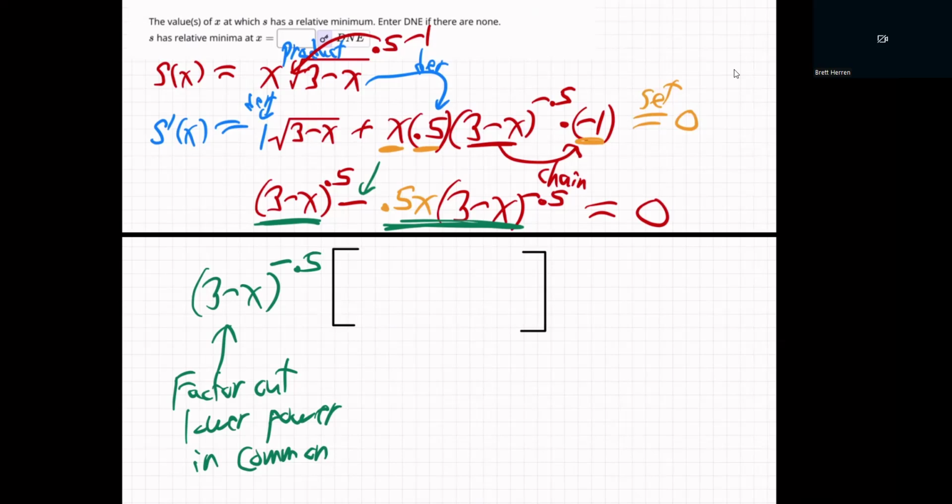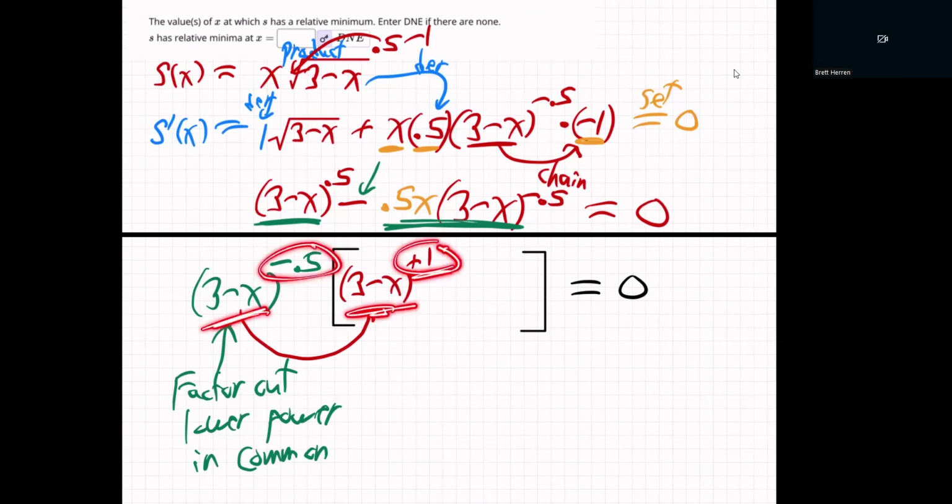You don't have to, but I think it'll make your life easier. Okay, what goes on the inside? This times, how are you going to get back to 0.5? It's 3 minus x to the positive 1. Do you realize that when this multiplies that, the powers will add? 1 take away 0.5 will be positive 0.5.